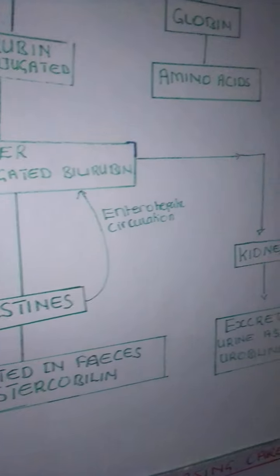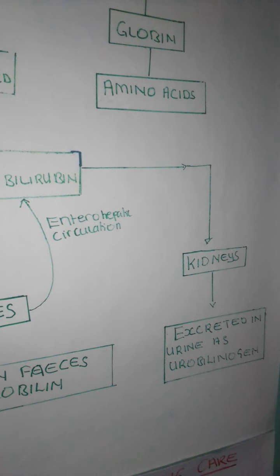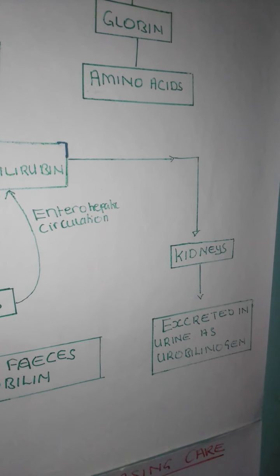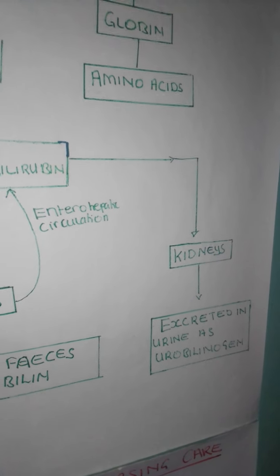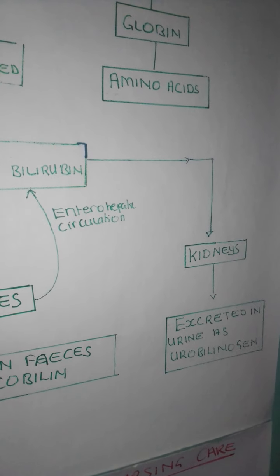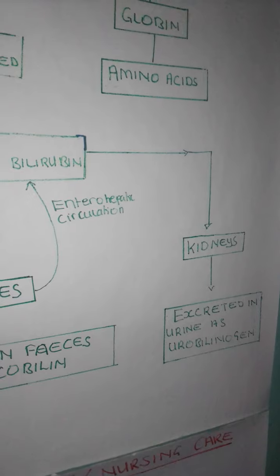From the liver, it goes to the kidneys, where it is excreted in urine as urobilinogen. So, in short, that's the understanding of bilirubin breakdown.